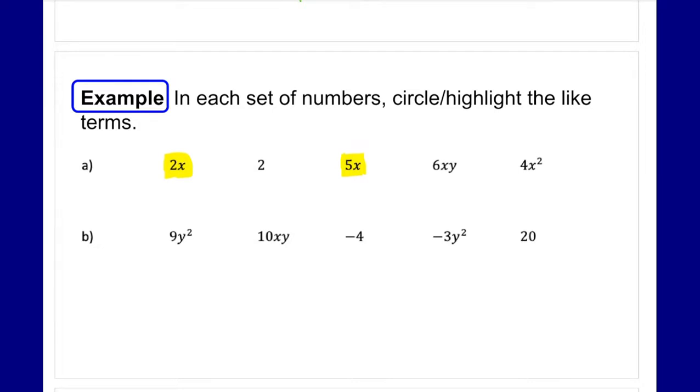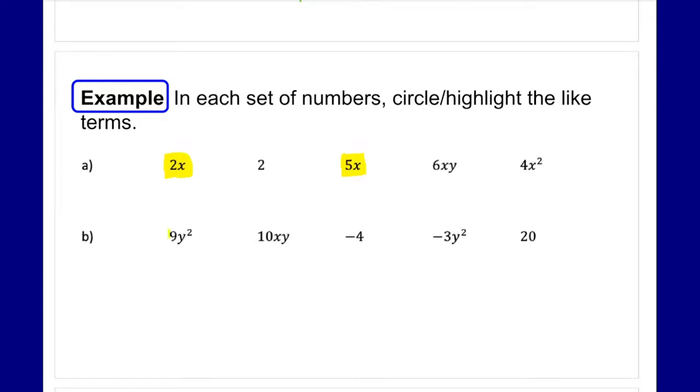If I look at the other remaining terms, 2, 6xy, 4x squared, there are no like terms between them. They all have different variables or exponents. If I look at set B, again, I'm going to look for terms that have the same variable.